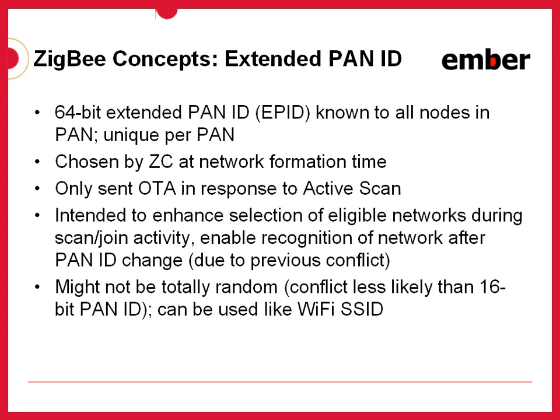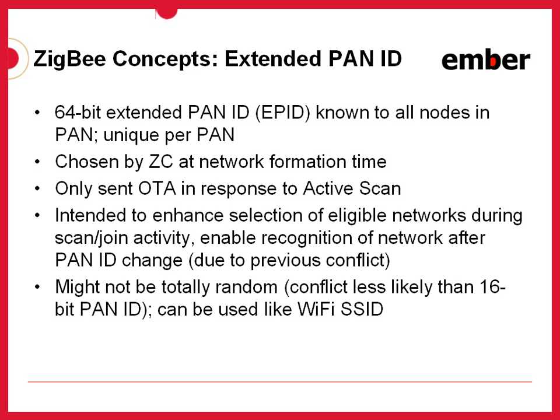Well, it's done through the use of what's called an extended PAN ID. While the normal short 16-bit PAN ID is transmitted over the air in all of the packets because it's short and simple, the 64-bit PAN ID is still known to all the devices but is rarely ever transmitted over the air. So this is also unique for every PAN, and it's basically used as a backup criteria when the 16-bit PAN ID is not enough to distinguish one network from another.